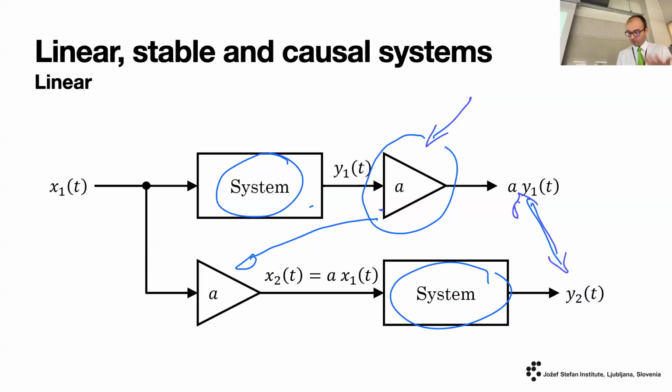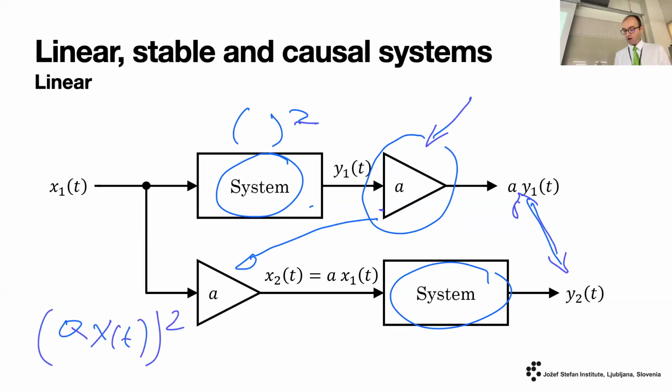If the system was not linear, let's say it was doing square, it would be really different if I do a times x squared or I do epsilon times a. Ice is applicable only to linear systems.